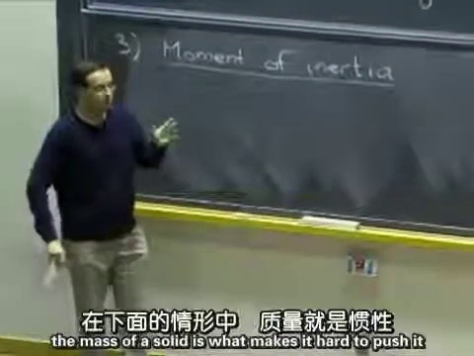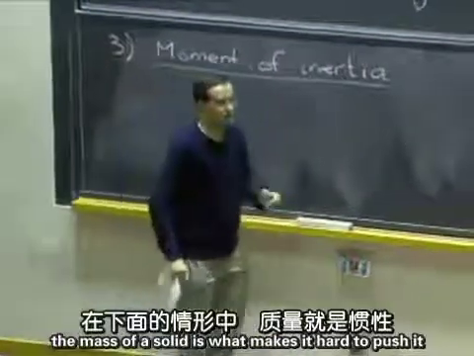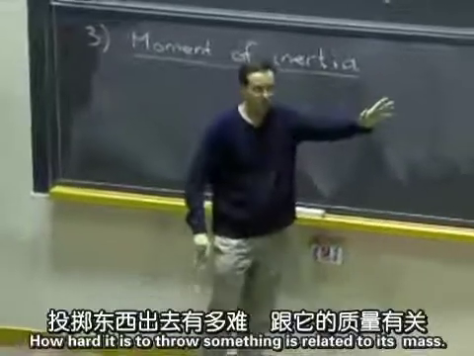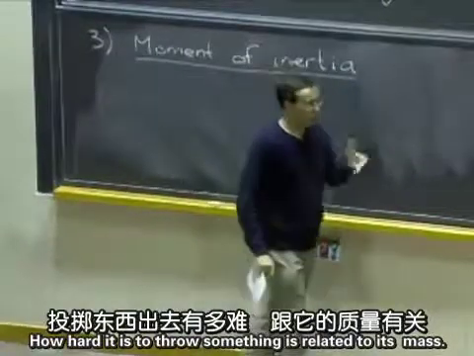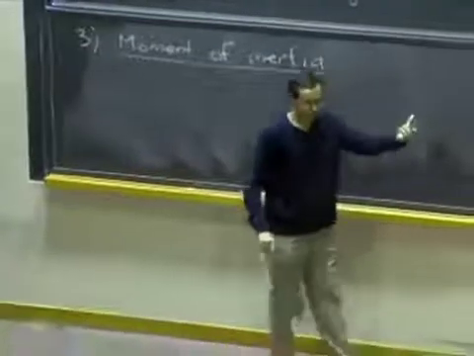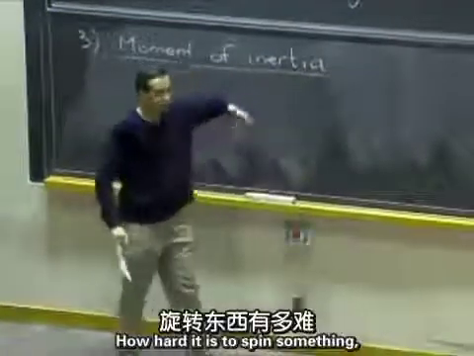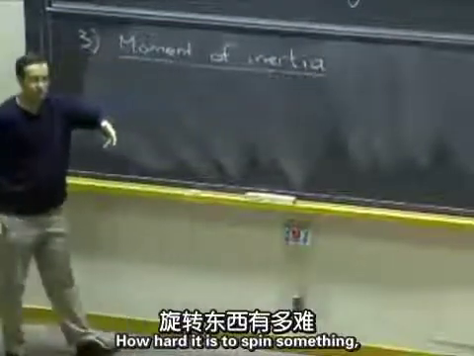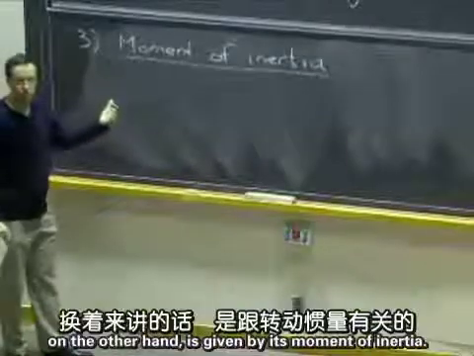The mass of a solid is what makes it hard to push it. How hard it is to throw something is related to its mass. How hard it is to spin something, on the other hand, is given by its moment of inertia.